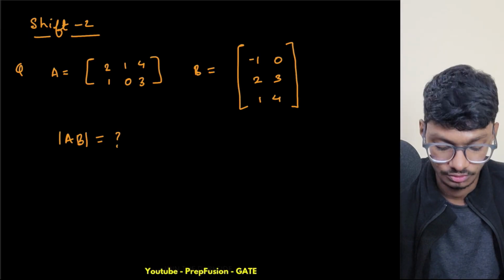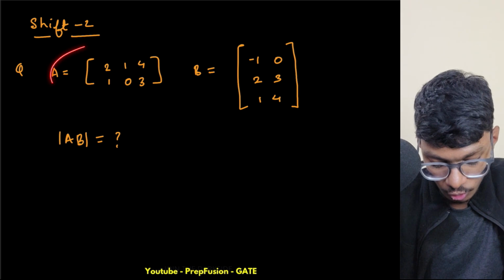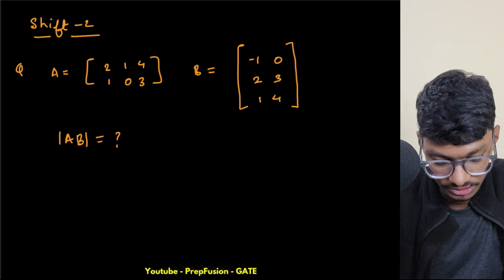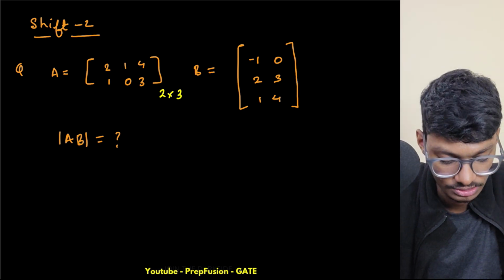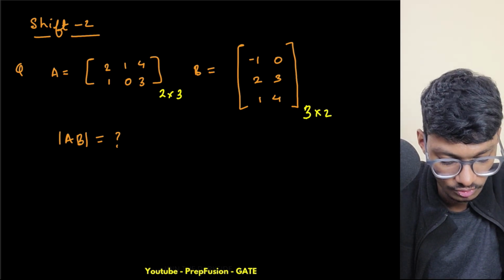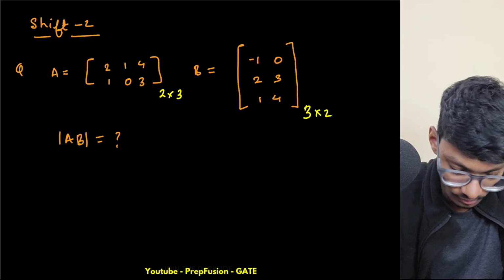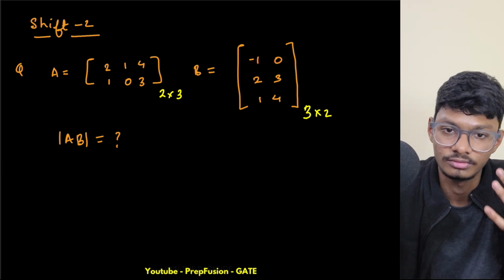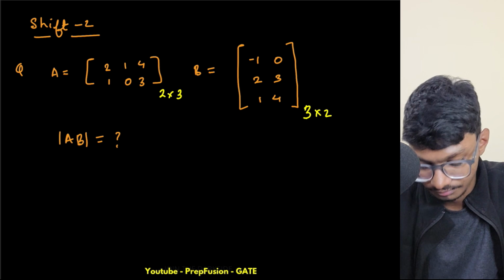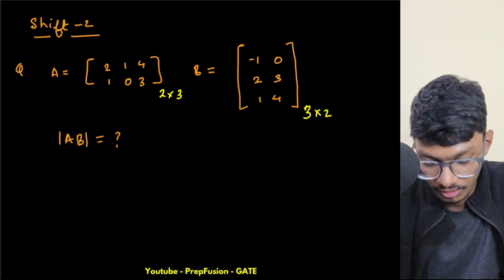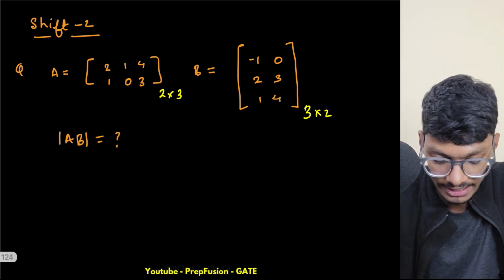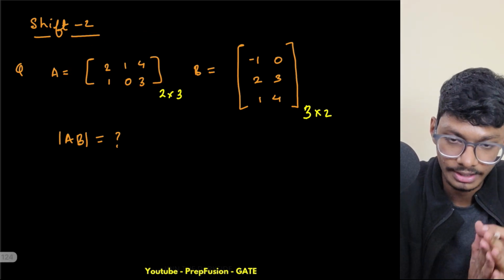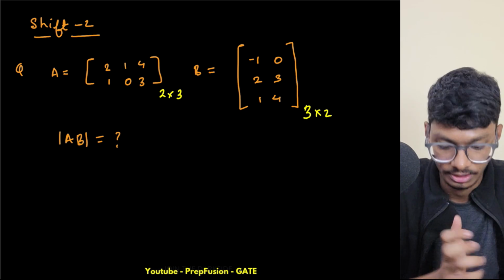So what is this first question telling us? Here we have been given two matrices. This is of order 2 cross 3, 2 rows and 3 columns, and this is of order 3 cross 2, 3 rows and 2 columns. We have to find the determinant of AB. If these were square matrices, you would have done determinant of A times determinant of B, but as these are not square, after multiplying them they will become square, hence you will do that.